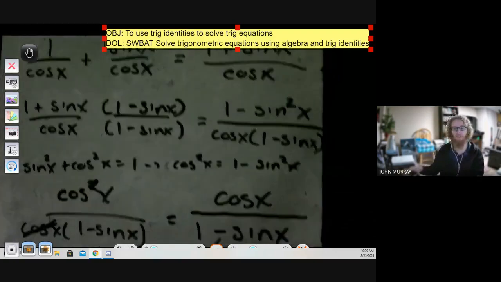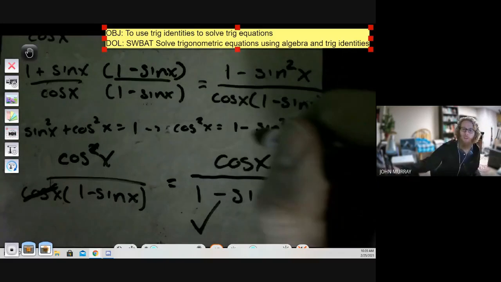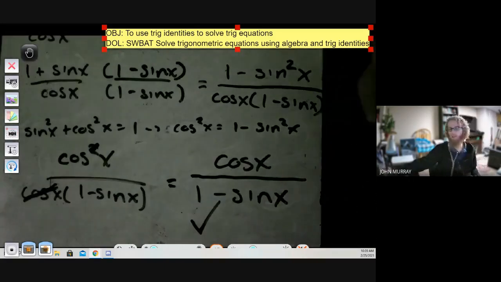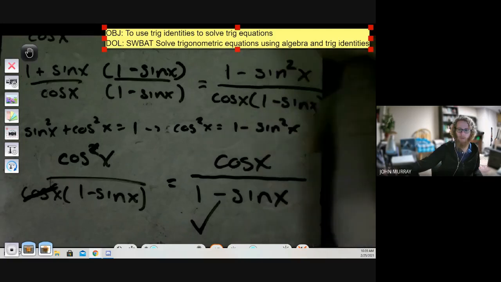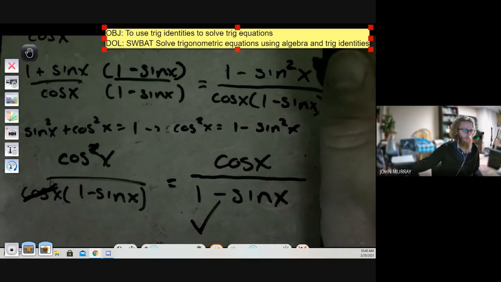So if you took some different steps along the way, but you still ended up with the right side, cosine x over 1 minus sine x, that's what we're looking for. There can be more than one way to do this. Any questions about the homework there?